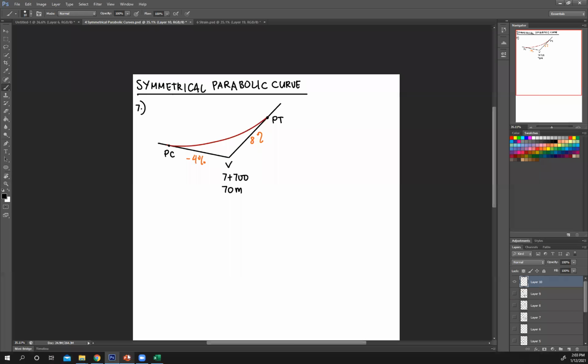So let's draw a bridge. So you have your bridge. Yeah, that's your bridge. Its width is 10 meters.